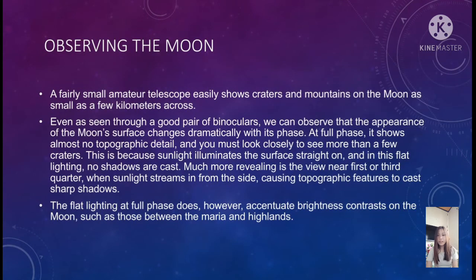Observing the Moon. The Moon is one of the most beautiful sights in the sky, and it is the only object close enough to reveal its topography without a visit from a spacecraft. A fairly small amateur telescope easily shows craters and mountains on the Moon as small as a few kilometers across.